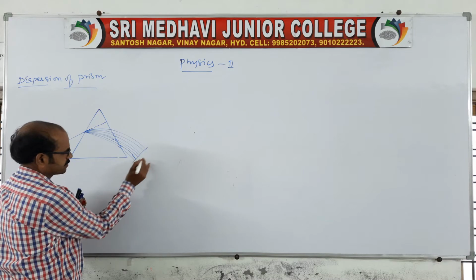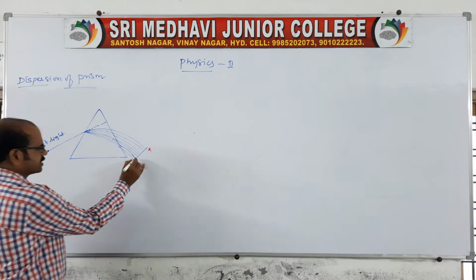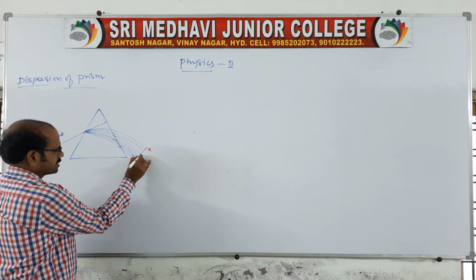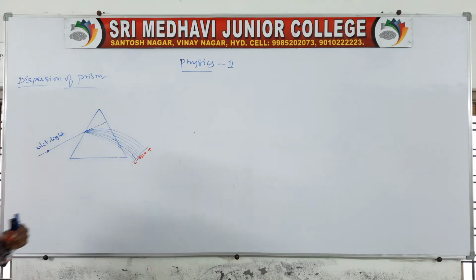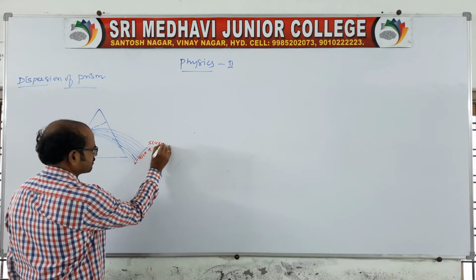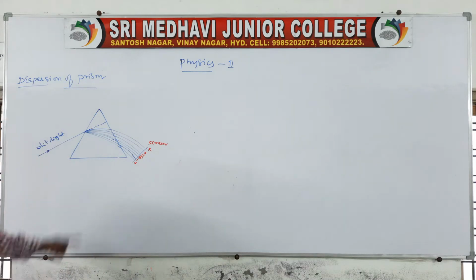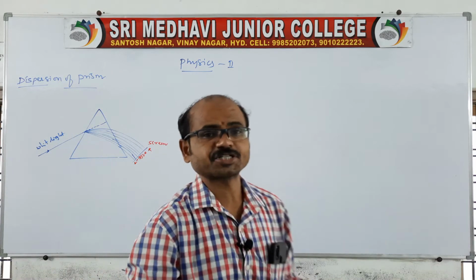Violet to red, V to R: violet, indigo, blue, green, yellow, orange, red. So VIBGYOR is the 7 colors on the screen. The patch of 7 colors we call the spectrum, and the dividing of 7 colors we call the dispersion of light.